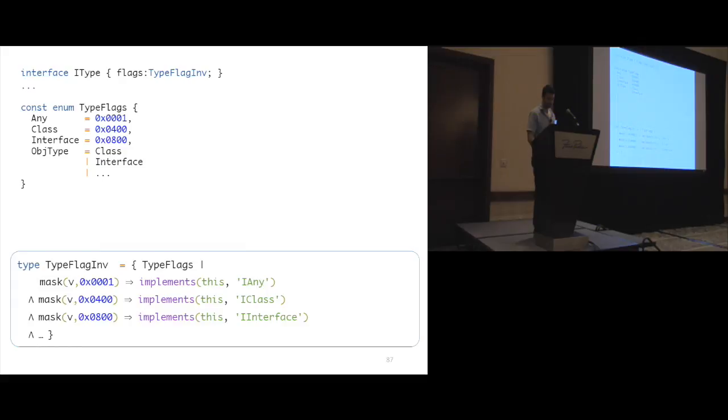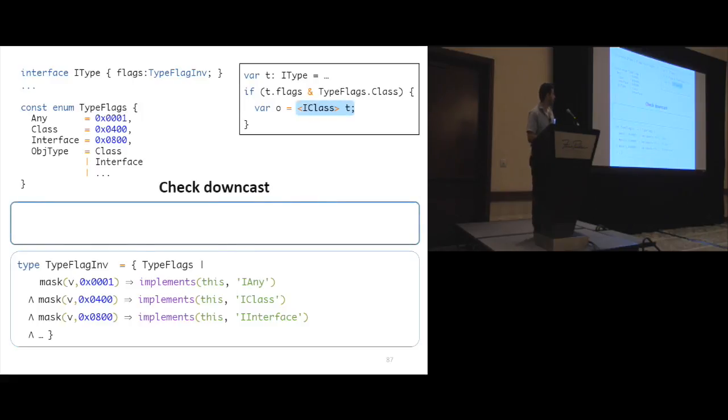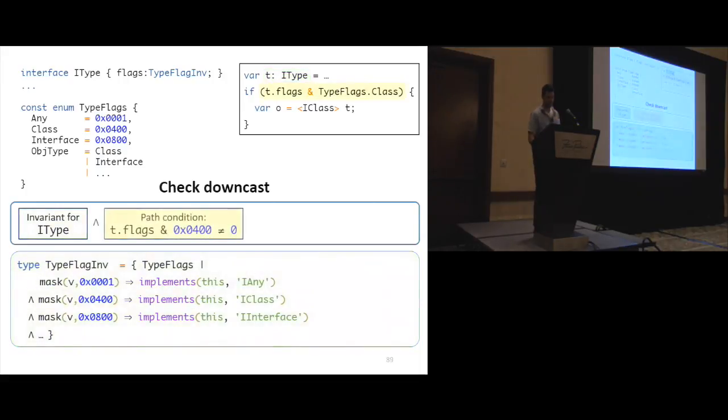So let's see how we can handle now the same example with the downcast that we had earlier. So we want to prove the downcast to I class. We first use the fact that it implements the iType interface. And so therefore it enjoys the invariants that we have associated with the flags field.